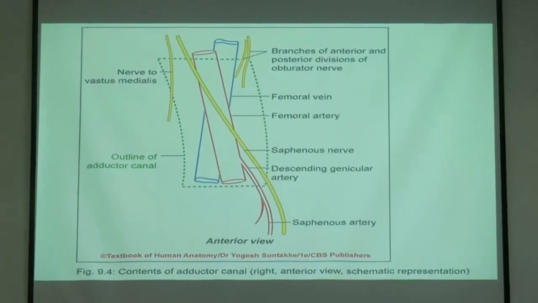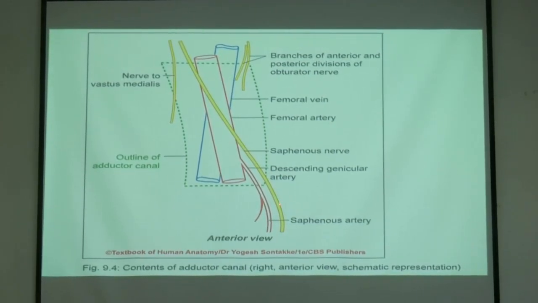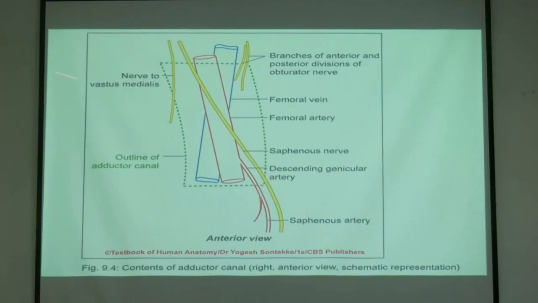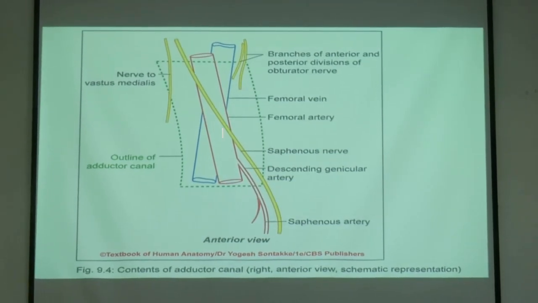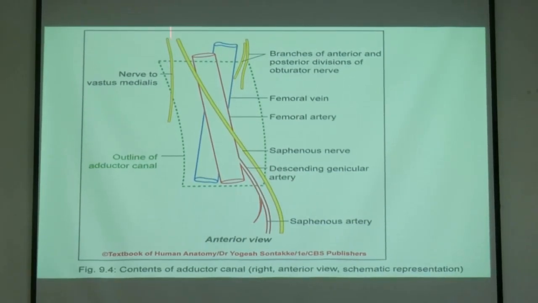Now there is crossing of structures within the canal. See, this green outline is the outline of the adductor canal. In the upper part, the most superficially lying is this saphenous nerve. Deep to it lies this artery, and deepmost is the vein, okay, femoral vein.